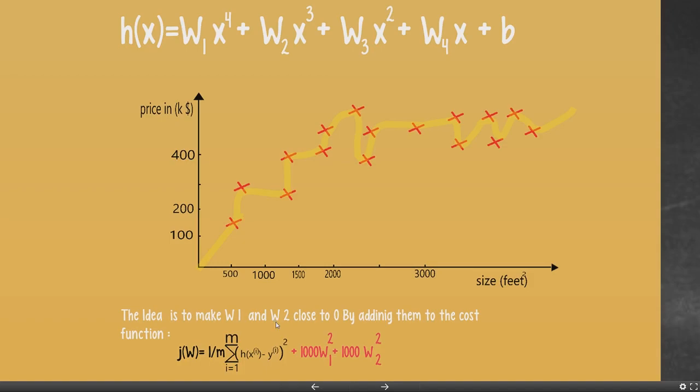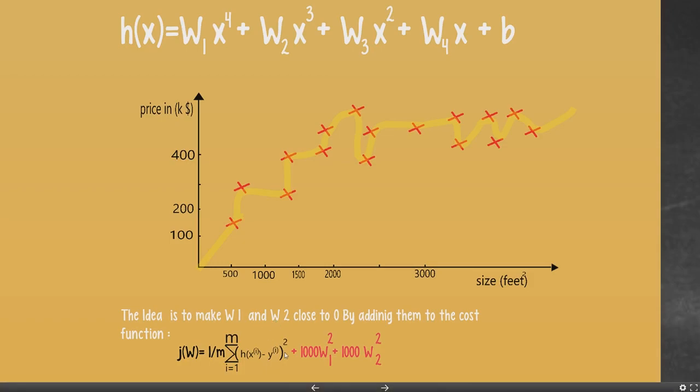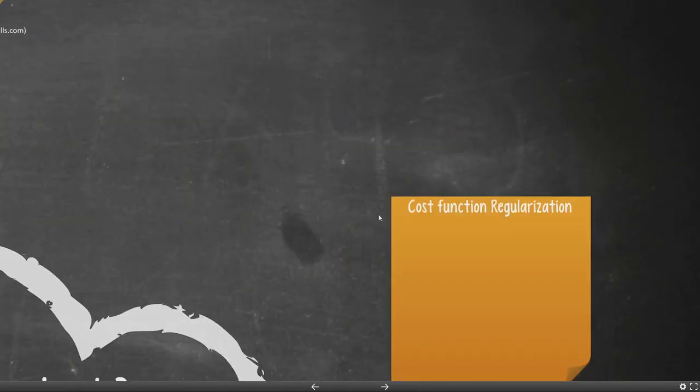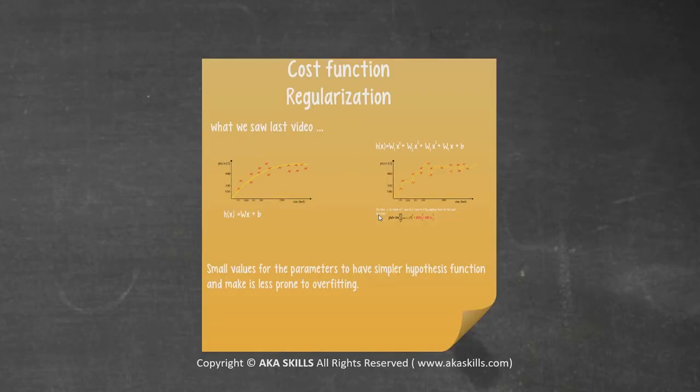It's just because it's the easiest way to learn W1 and W2 as low as possible. So small values for the parameters give a simpler hypothesis function.